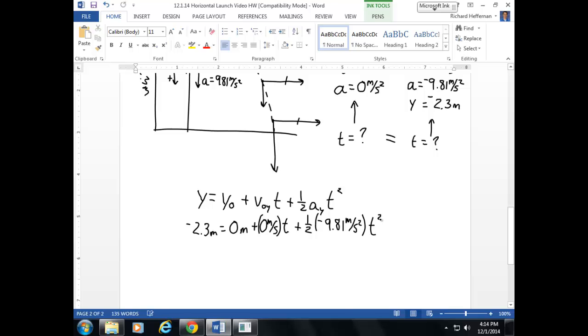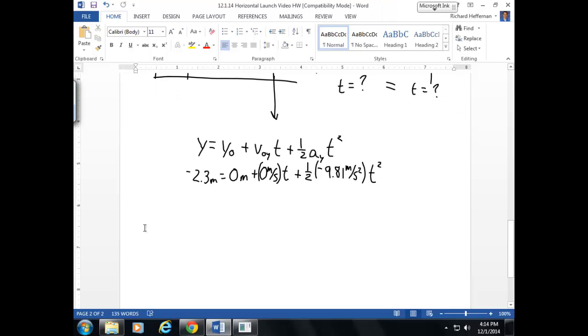We'll cancel some things that can cancel. 2.3 meters equals, that goes away. Negative, negative makes both of those positive. So 1/2 times 9.81 meters per second squared times t squared.